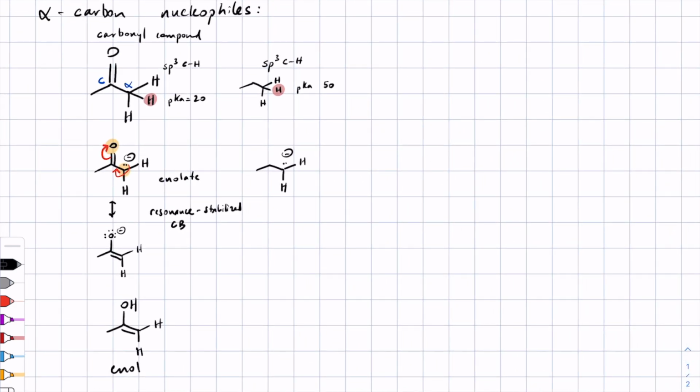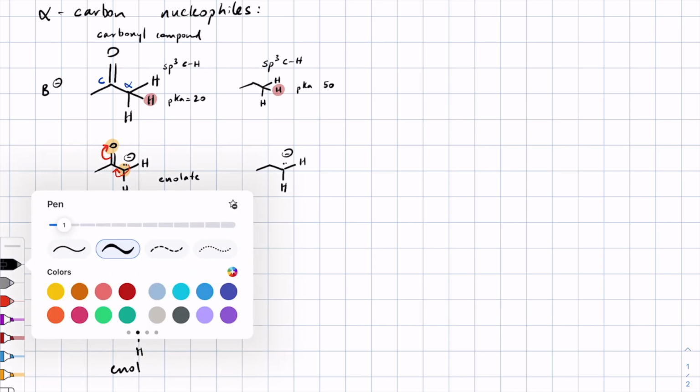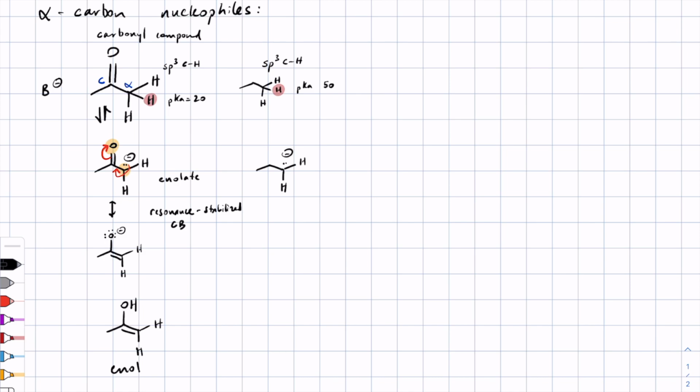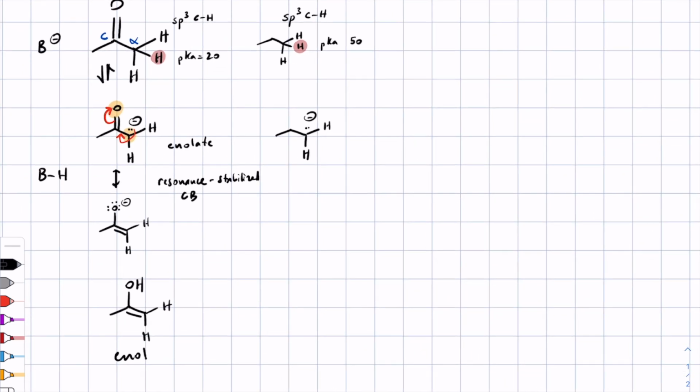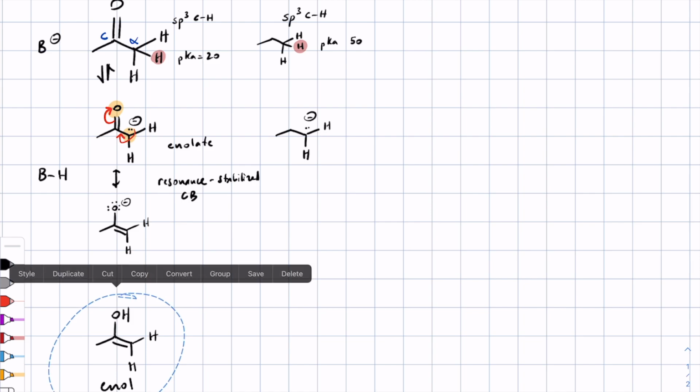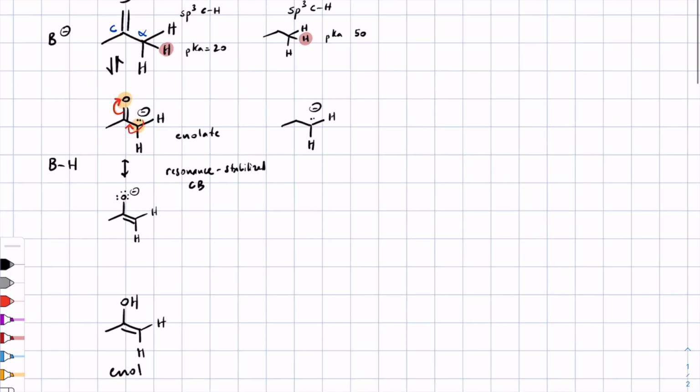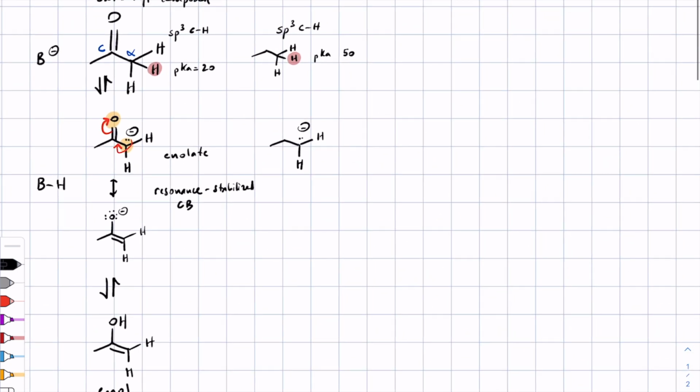So if we had some strong base, we could remove the proton from the alpha carbon. That would put us in equilibrium with the enolate, and then depending on whether the enolate got protonated on the alpha carbon or on the carbonyl oxygen, you might make one of these two isomers, the ketone versus the enol. Okay? So that's why we call this intermediate an enolate. It's the conjugate base of an enol.